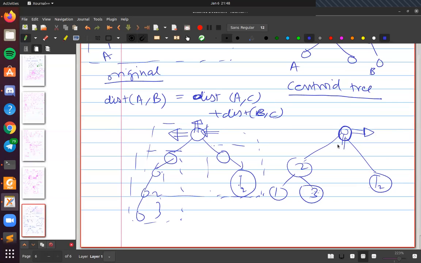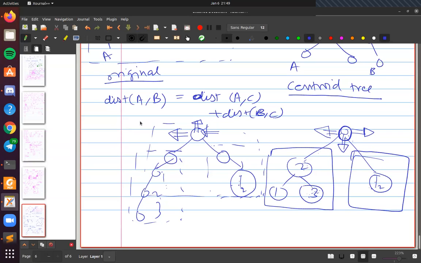So this must be the LCA, right? Because they are in different components, and LCA is the first nearest node which is the same for both, and they are in different components now after removing the centroid.